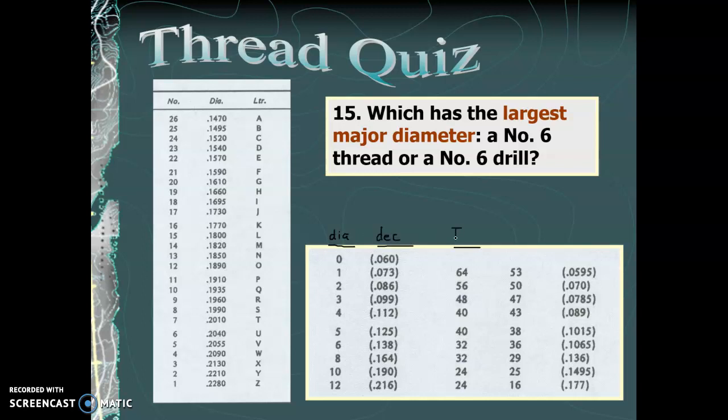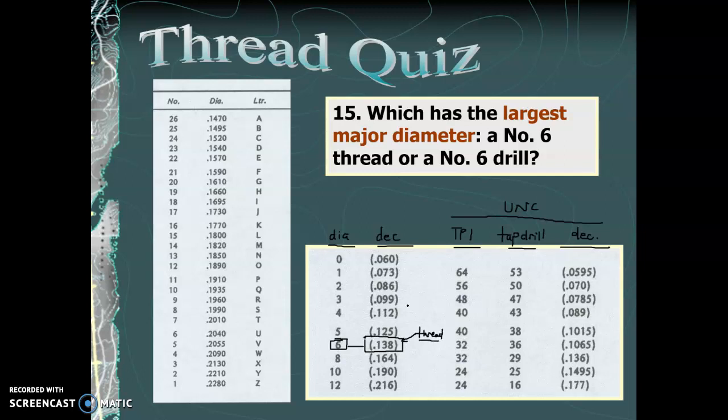This next column is the TPI, the tap drill, and then the decimal equivalent of that tap drill. And these are all UNC. So a number 6 thread would be right here, and it has a diameter of 0.138. So that's for the thread.